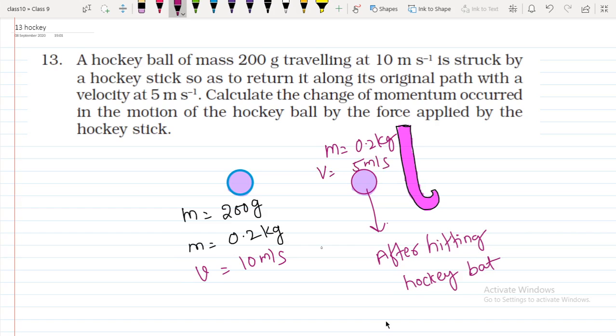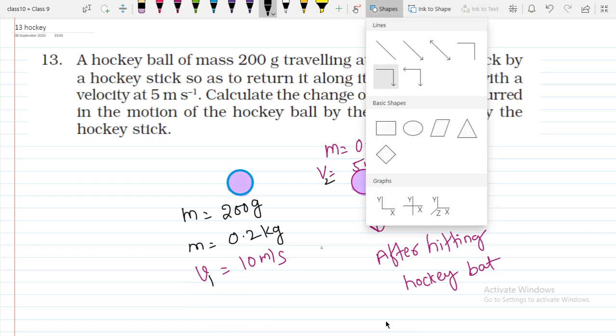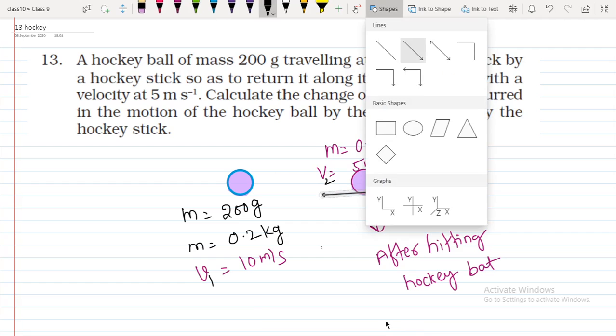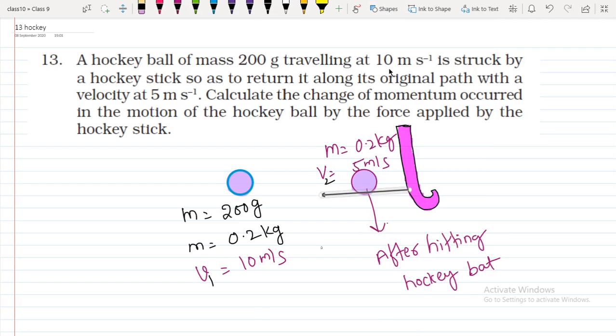To remove confusion, take the initial velocity as v1 and after hitting take the velocity as v2. Remember, after hitting the ball is coming back, so it is moving in this direction. This is after hitting. Before that the ball is moving in this direction. This is before hitting.